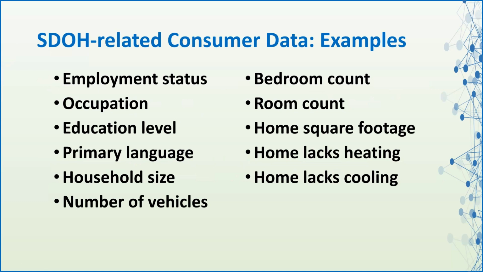And for both occupation and education level, they have data elements both for the person that the data set is primarily associated with, and up to 4 other members of the person's household. There's also data on primary language, the household size, the number of vehicles owned, the bedroom count of the home, the room count of the home, the square footage, and there's also information about whether the home lacks heating or lacks cooling.